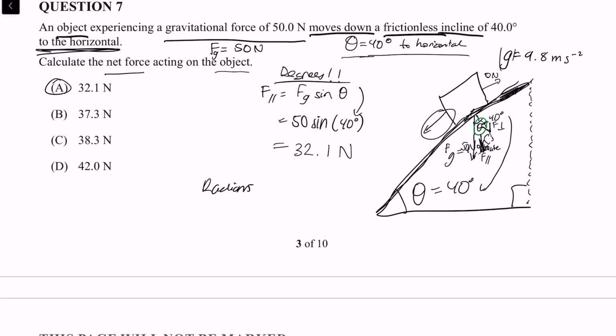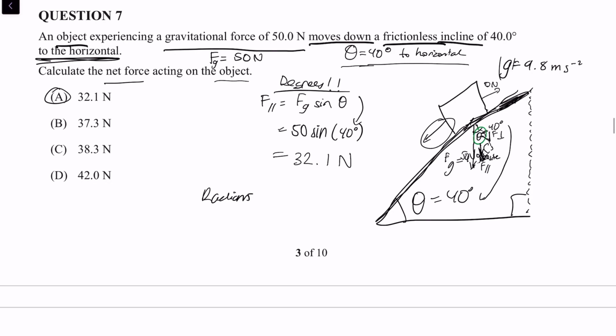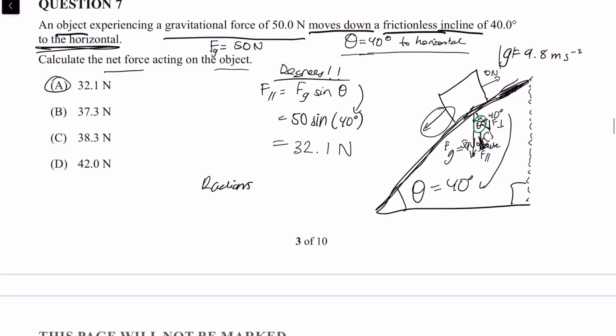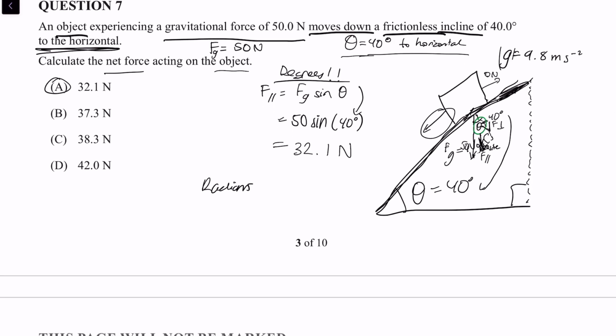I'm pretty sure quite a few people last year chose B, because if you use a graphics calculator, it's always going to reset to radians mode. So you always have to be cautious about that.